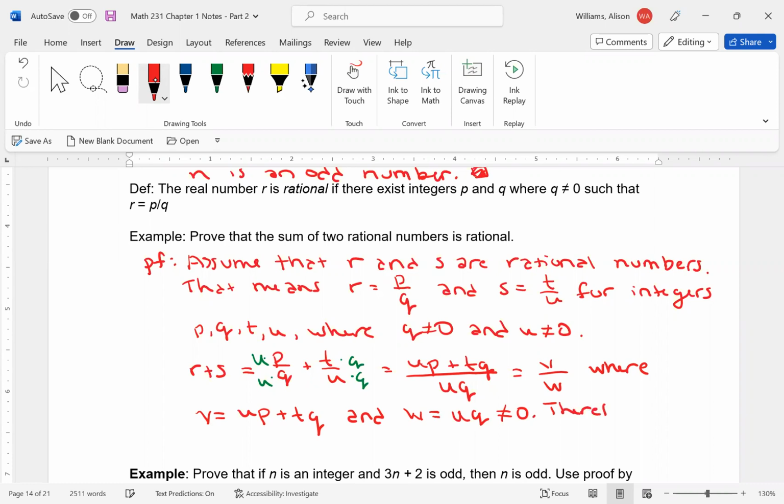Therefore, the sum of R and S is rational. And we're done.